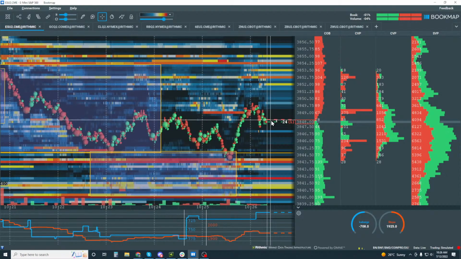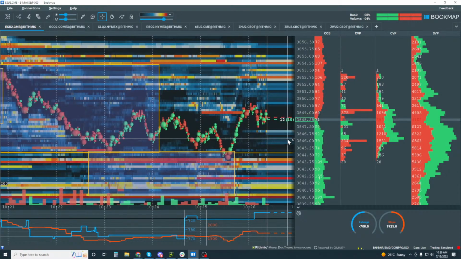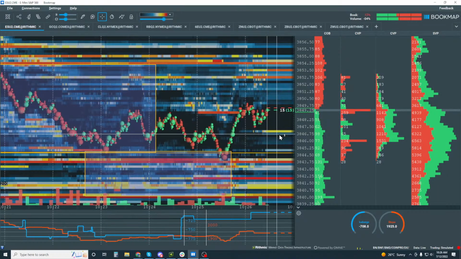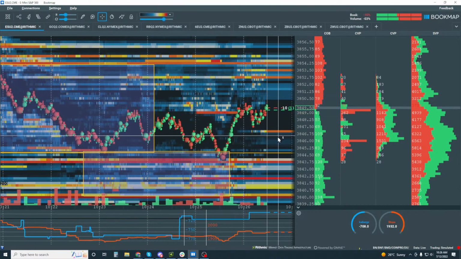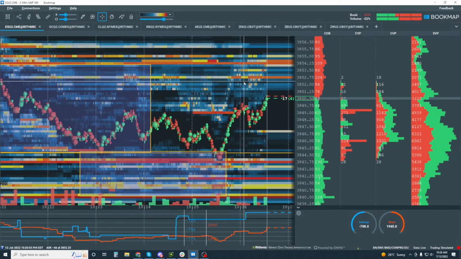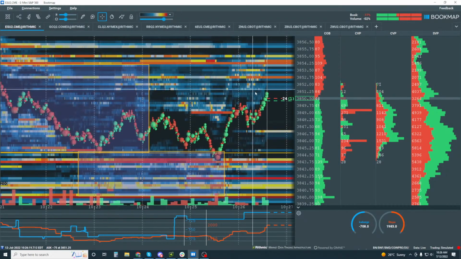Let's see if we get them again in here. Let's see the sellers come in. Now, this is where we want to see the sellers, basically here around 46. Okay, and they're not. We're getting buyers.